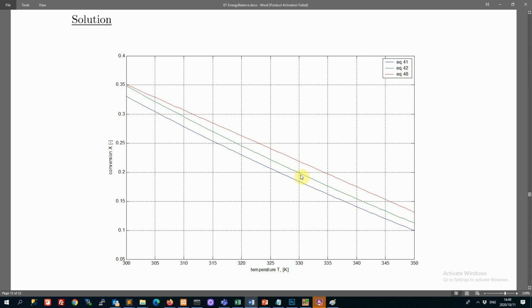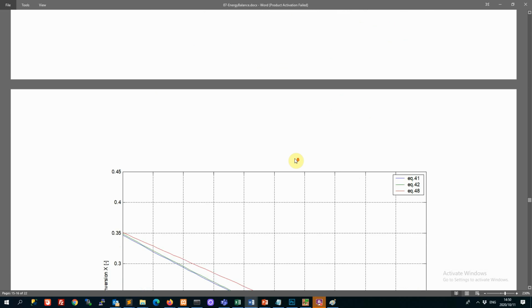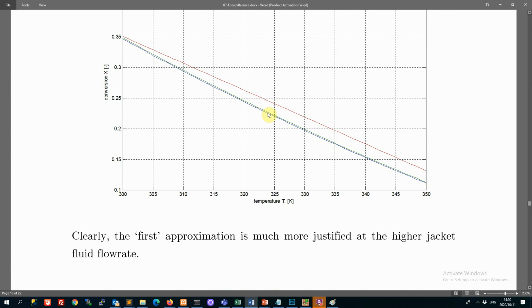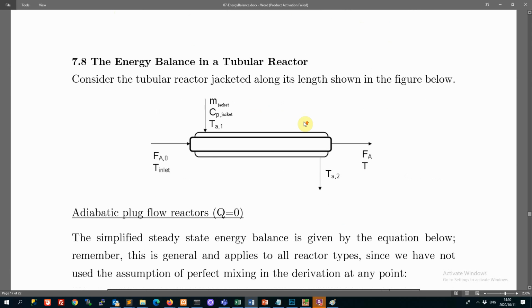They are close enough that we would probably accept this for design purposes. If you try to exaggerate one of those, or you increase the jacket fluid flow rate, you show how much closer the lines get, and you can do things like that. Okay, so that's the CSTR. That's how you develop the energy balance there.